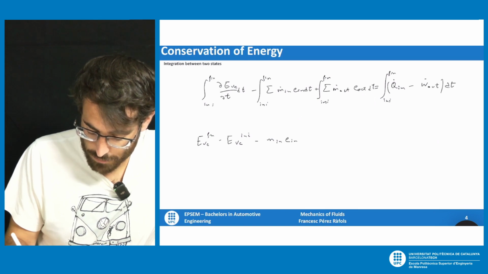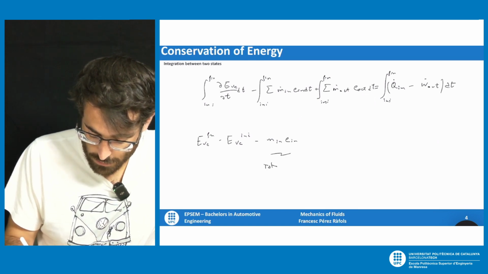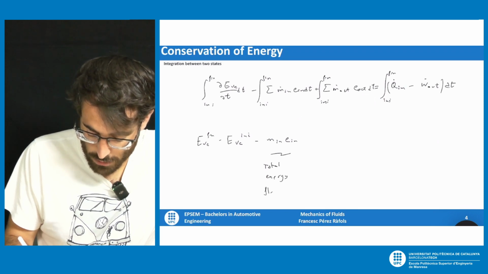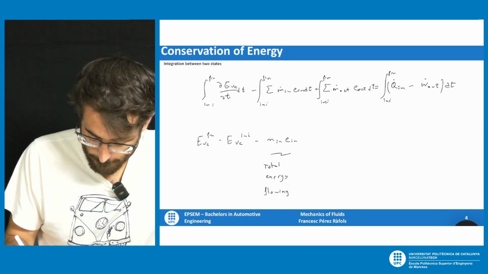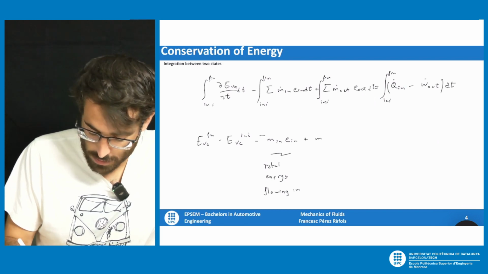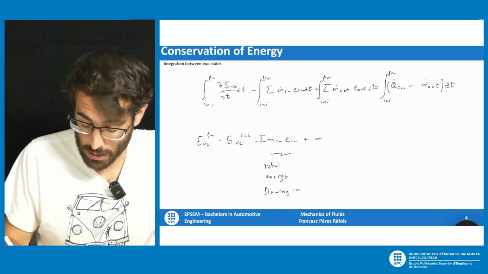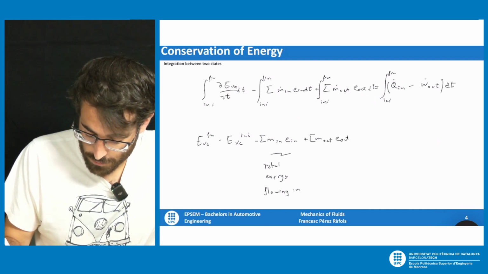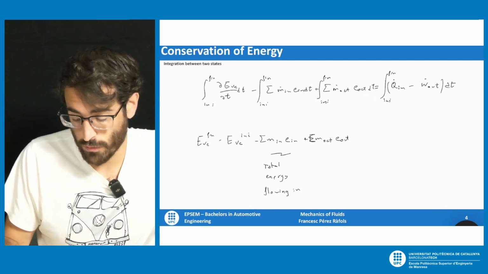This is going to be mass in, so that's the total energy that's flowing in. And then plus, we can sum over all the inlets, sum over the outlets of M out, E out, which is the same as before, but just with the flowing out.